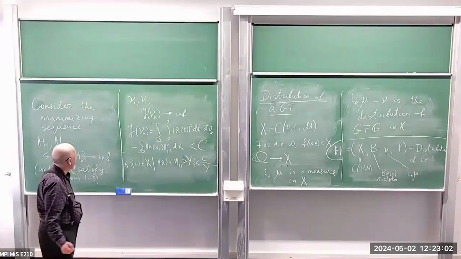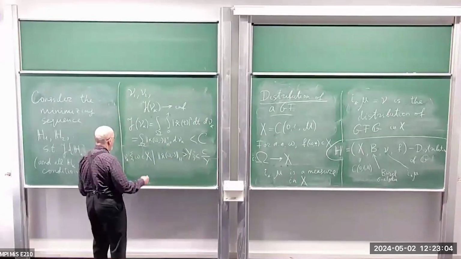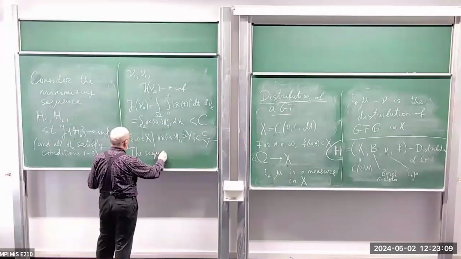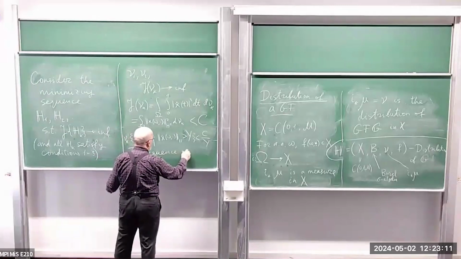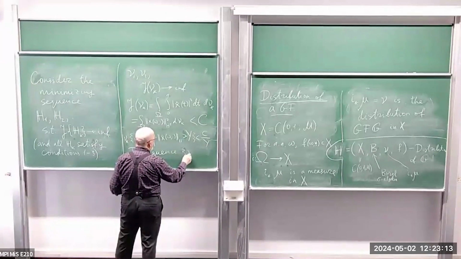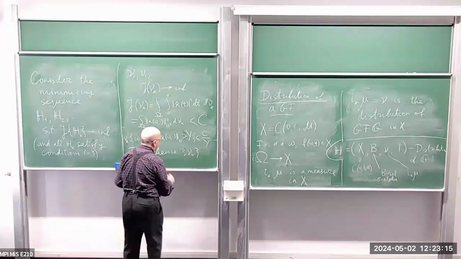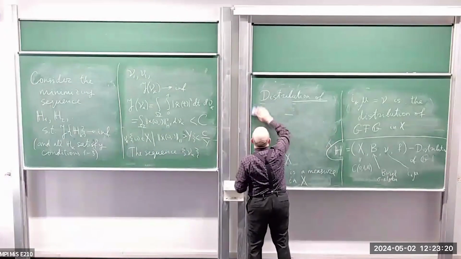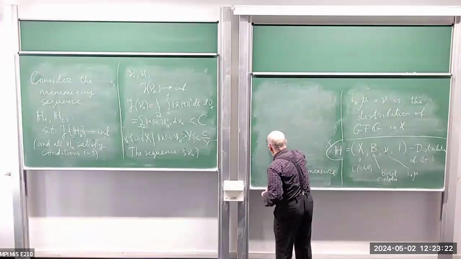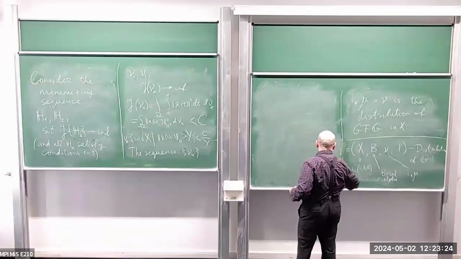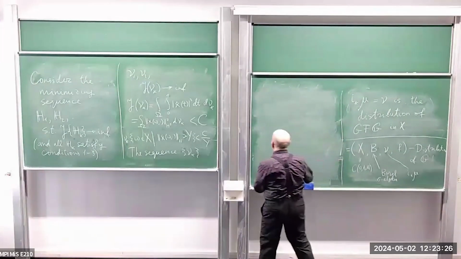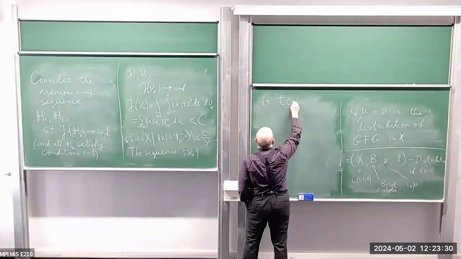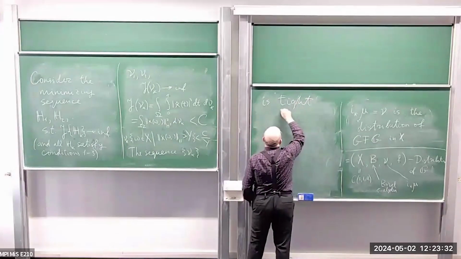This means that the sequence of measures nu k is tight.